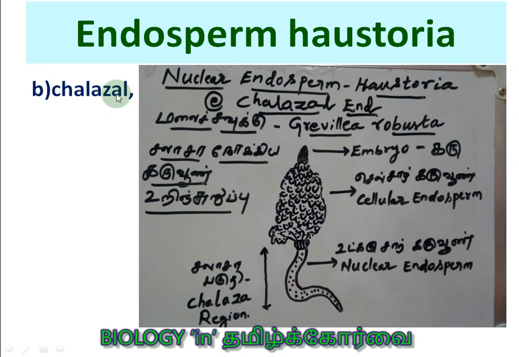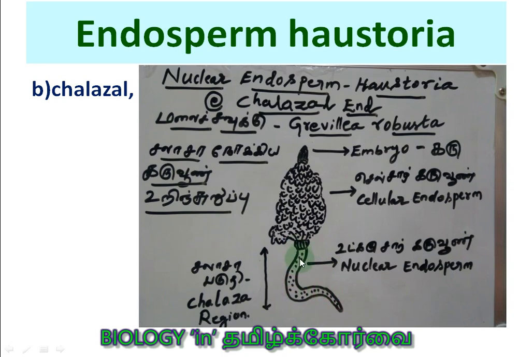Next one is chalazal. In some species, endospermal haustoria is produced at the chalazal end. Now you see here in this plant, Grevillea robusta, Silver oak (Malaichavuku), we can see the nuclear endosperm haustoria at the chalazal end. This is the micropylar end where the embryo is present, and this is the chalazal end where you can see the vermiform appendage.